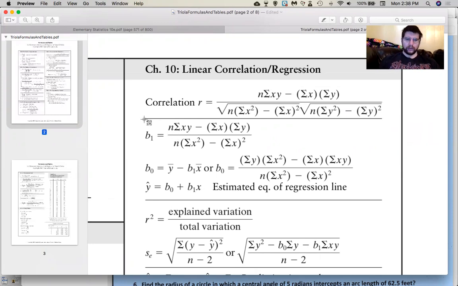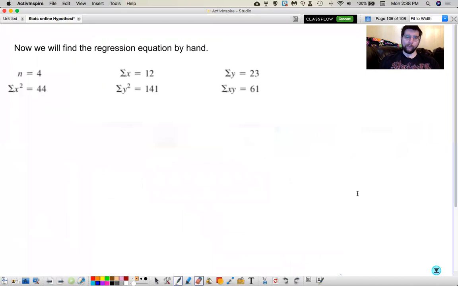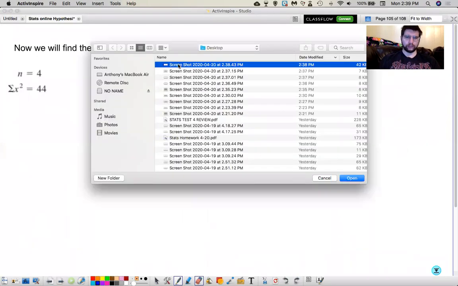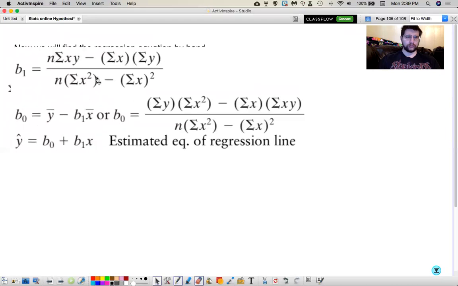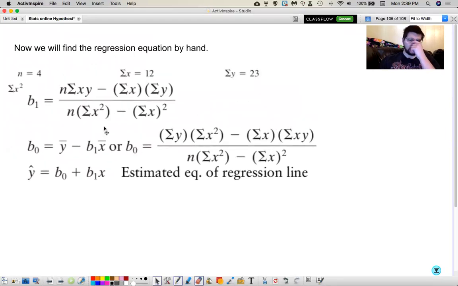So I'm going to grab all this because it's what you're going to be looking at. So here it is. Y equals B naught plus B1x. So here's B1, here's B naught.